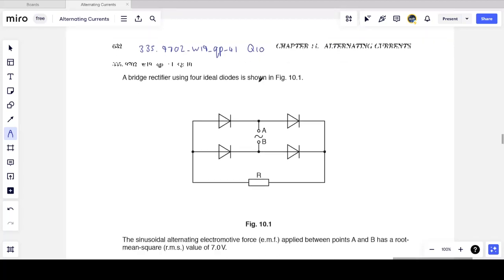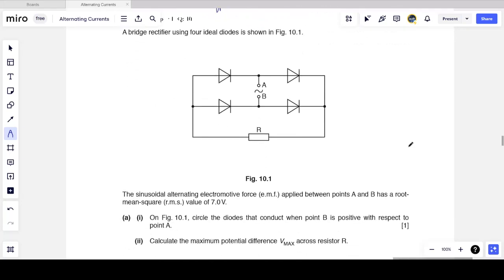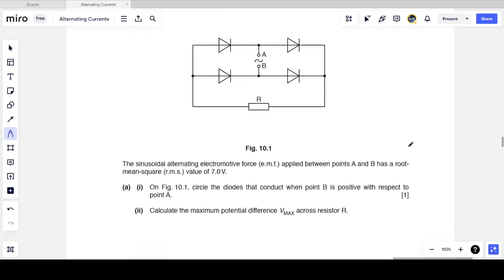We are shown a bridge rectifier using 4 ideal diodes, as shown in the figure, and the sinusoidal alternating electromotive force, or EMF, applied between points A and B has a root mean square value of 7 volts. We are asked first to circle the diodes that conduct when B is positive with respect to point A. And we are obviously going to show this on figure 10.1.